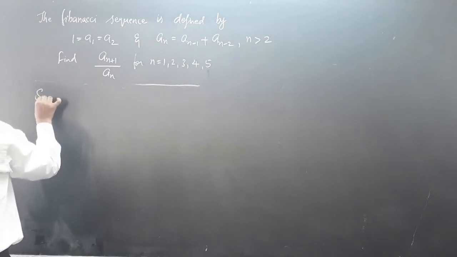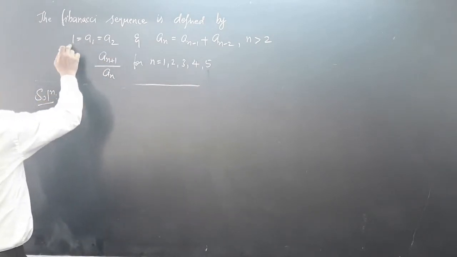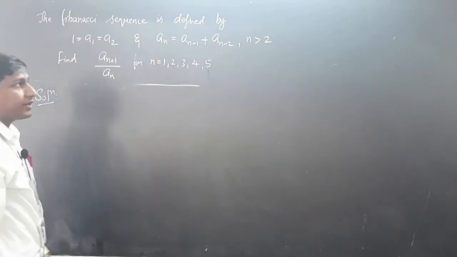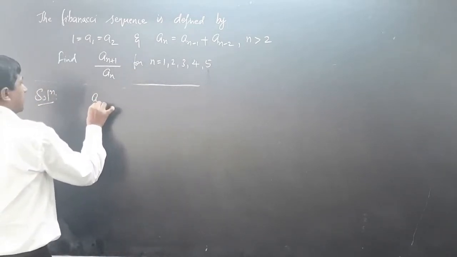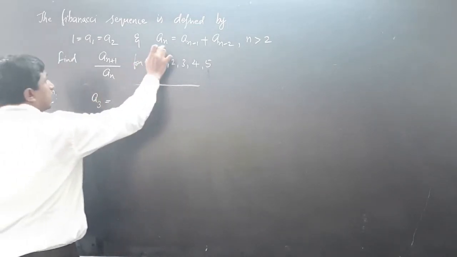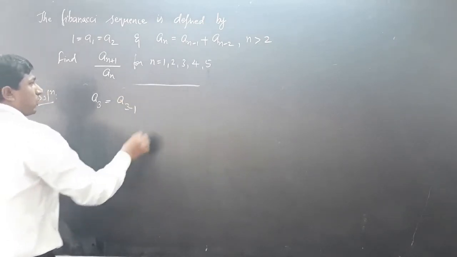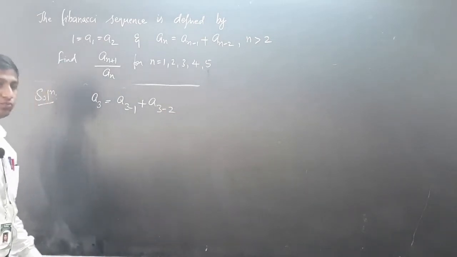So, this is the solution. The first and the second terms are already given to be 1. We will start calculating from the third term. What is A3 equal to? I can write this as A3 minus 1 plus A3 minus 2.